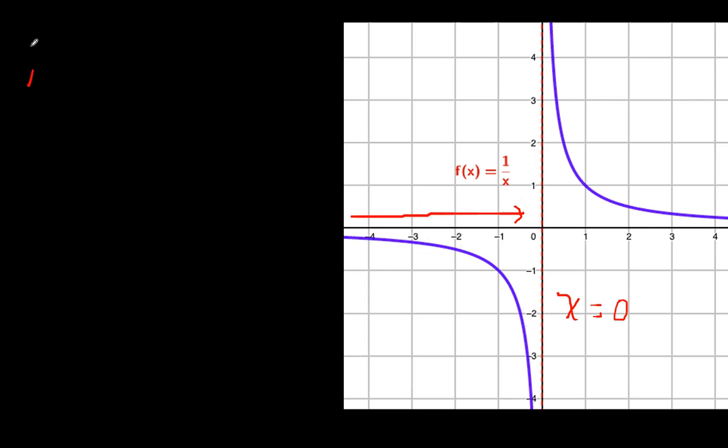We can write that in this notation: the limit of f of x as x approaches 0 from the left is equal to negative infinity.